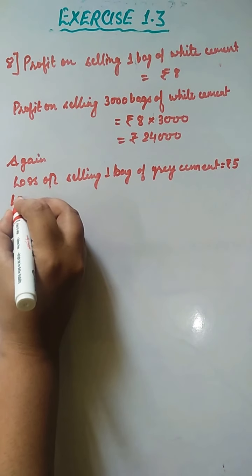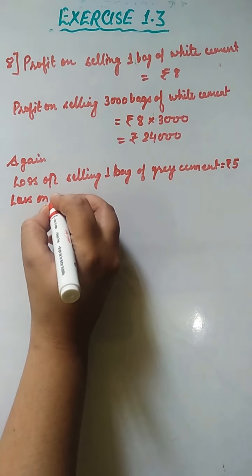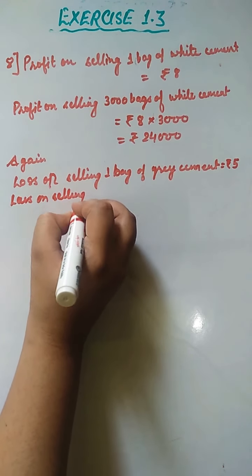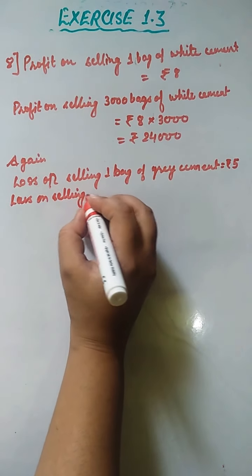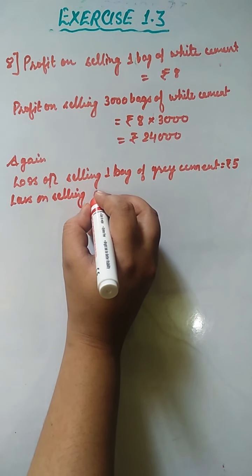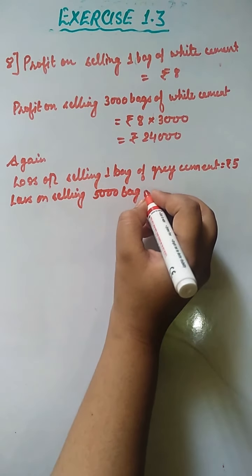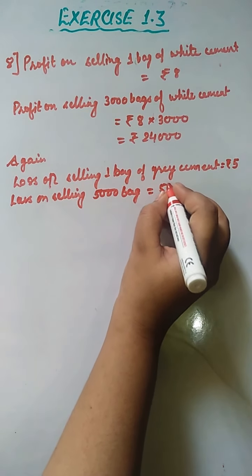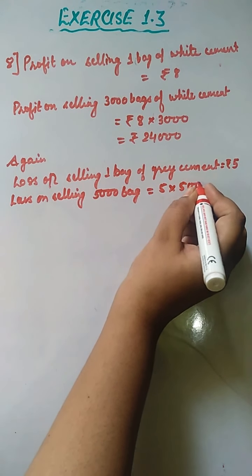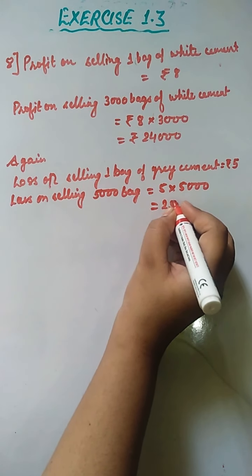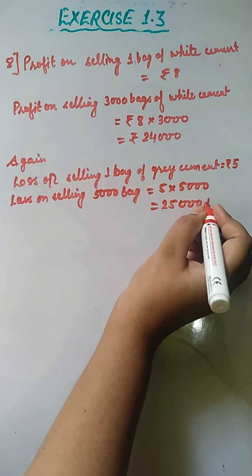So loss on selling, how many bags did the company sell? Loss on selling 5000 bags is how much? Rupees 5 into 5000. That is 25,000 loss.